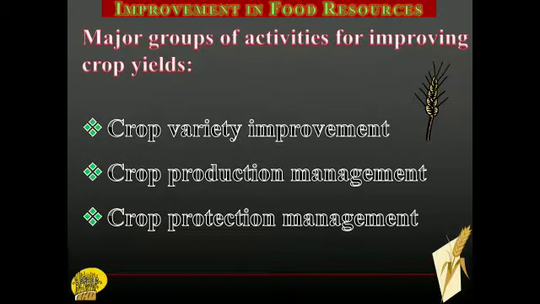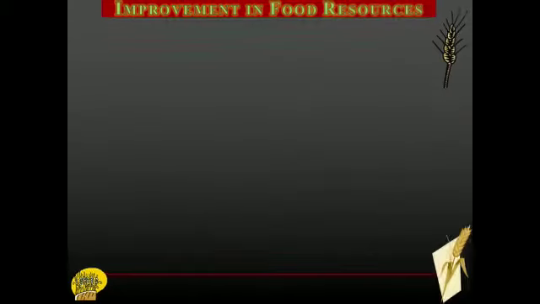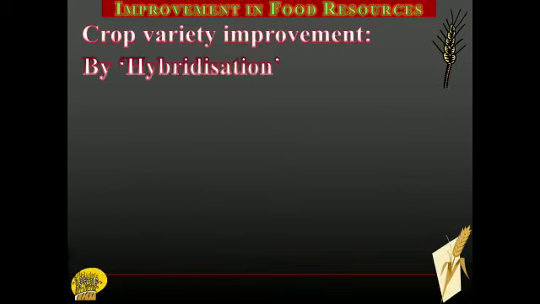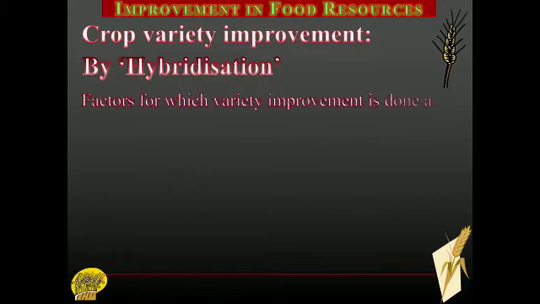Firstly, we will discuss crop variety improvement. Now, the basic question is how can we improve crop variety? It can be improved by the process of hybridization. Now, what are the factors for which variety improvement is done?